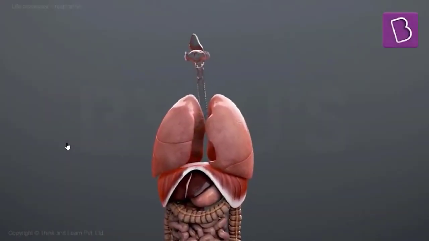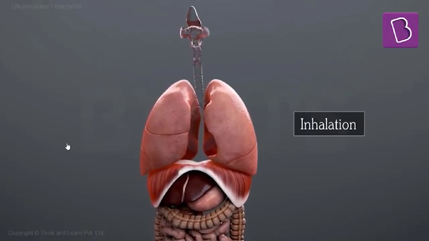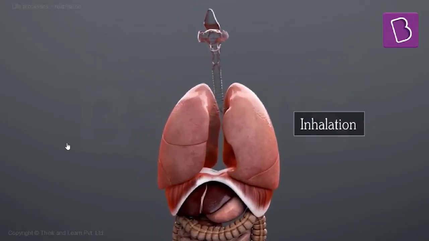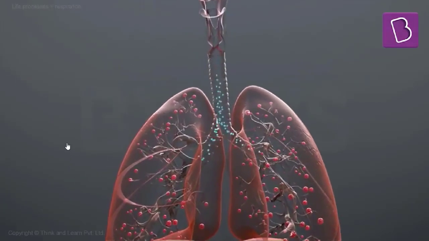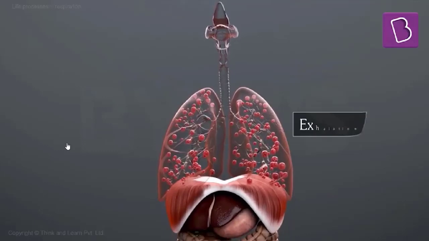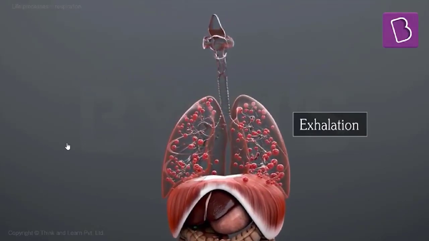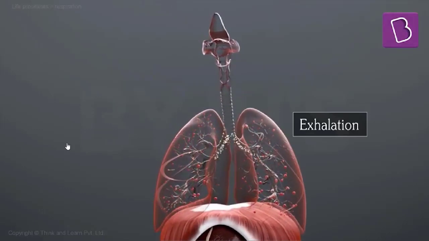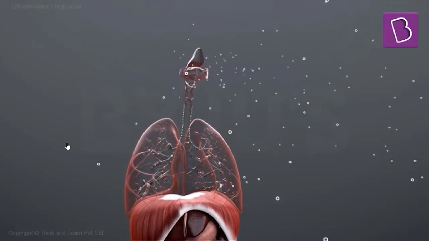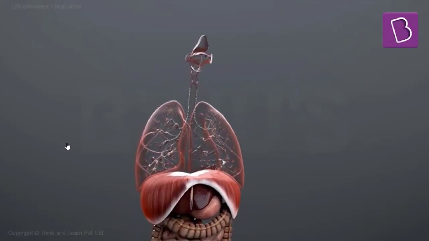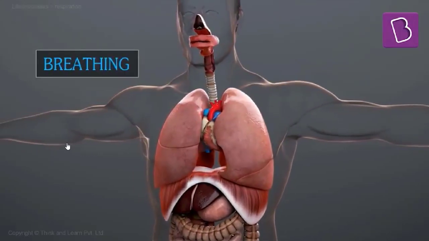Now, breathing is a mechanism which has 2 important phases: inhalation, in which we take oxygen-rich air into our lungs, and the second phase is exhalation, in which we expel impure air from our lungs. Both these phases complete the mechanism of breathing by contraction and relaxation.